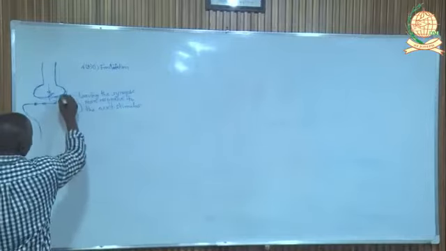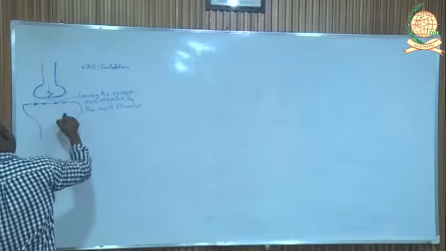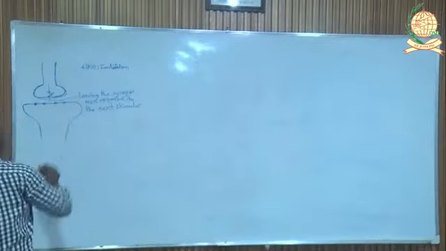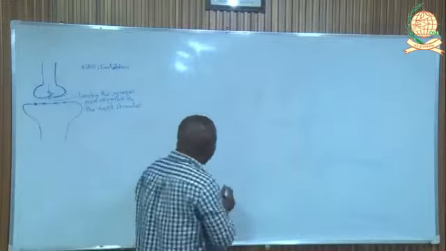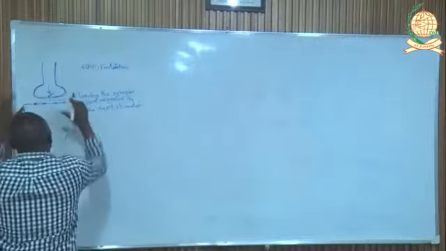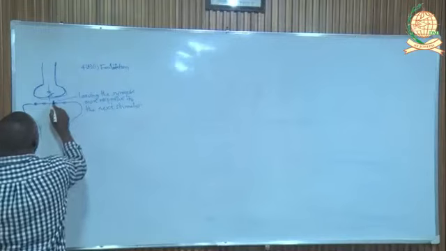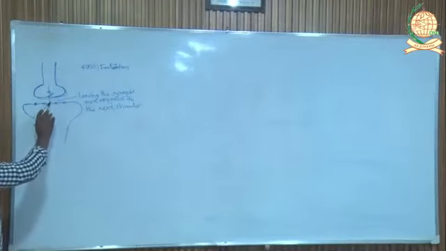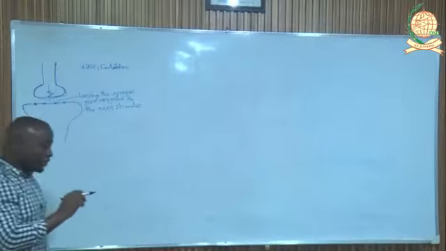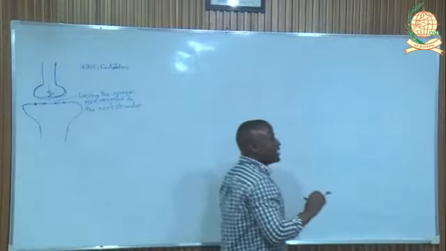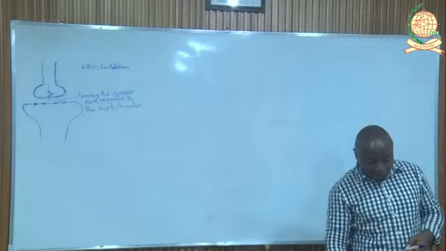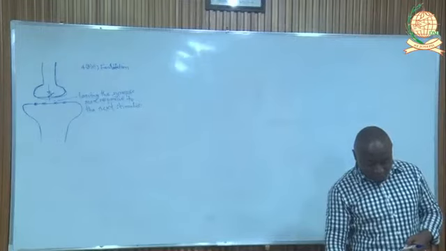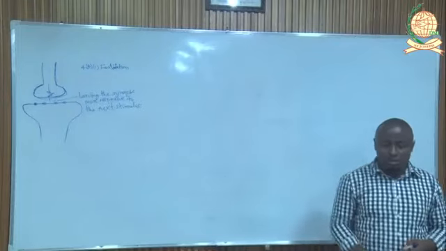This triggers the opening of the channel, causes sodium to rush in, and therefore forms an action potential in the postsynaptic neuron. But amplification means that a sufficient amount of transmitter substance is released in the synaptic cleft, which amplifies the incoming stimuli.